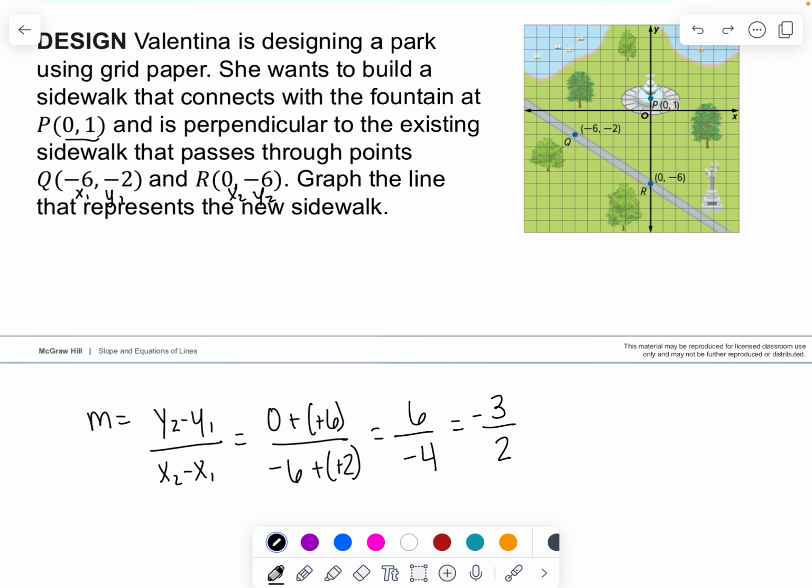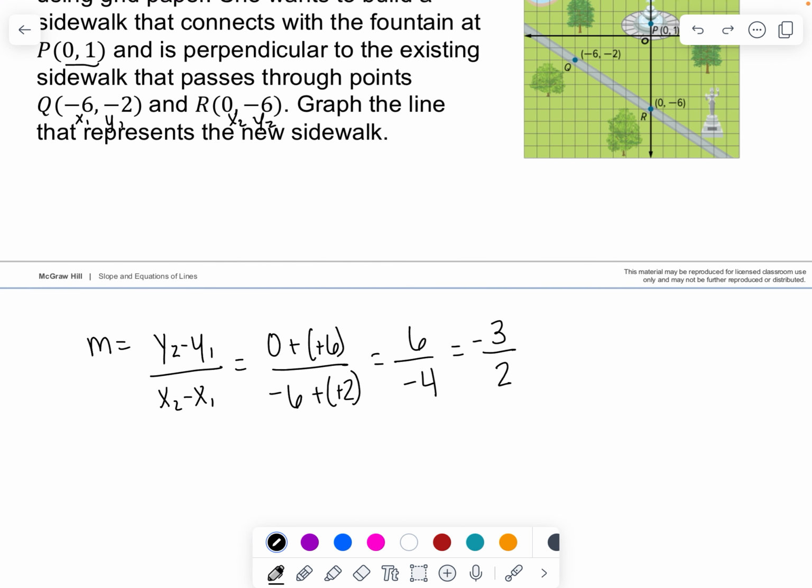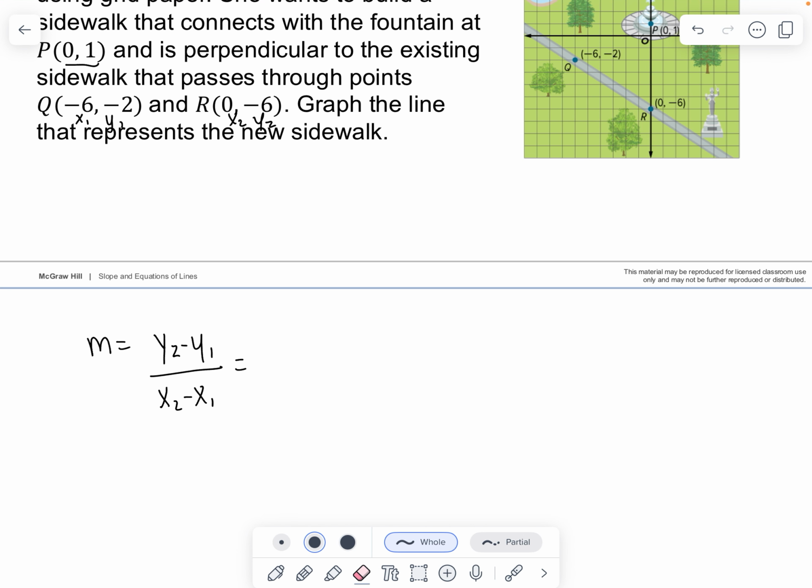I think I might have done mine wrong. Let's go look at it again. Oh, I put it in the wrong spot, didn't I? Mrs. Cruz. Wrong spot. I'm sure you guys were yelling at me, weren't you?